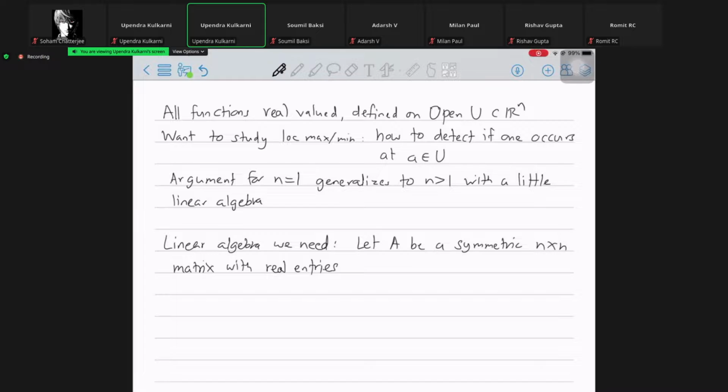And you should immediately think of the situation in which we are going to encounter this. This is going to be the Hessian matrix of a function which has continuous second partial derivatives. By continuity of these derivatives, the matrix is going to be symmetric. All right. So what do we know about such a matrix?